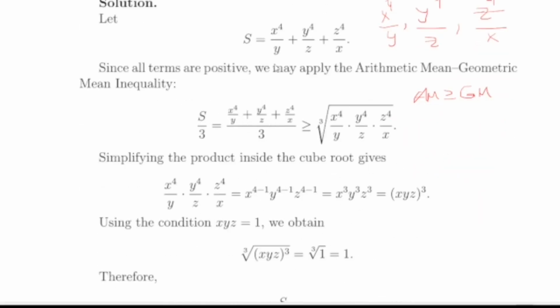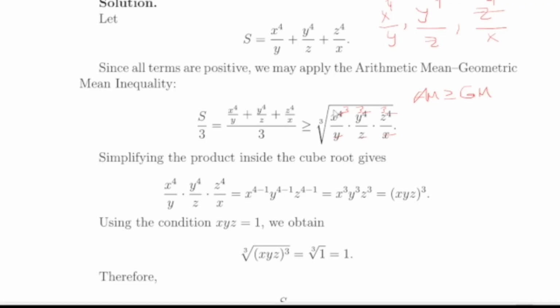And recall that because s is equal to the sum, when I find the arithmetic mean, I divide by 3. So the arithmetic mean is s over 3. Now to simplify the cube root, we're going to multiply the inside. Notice that x to the fourth over x becomes x cubed, y to the fourth over y becomes y cubed, and z to the fourth over z becomes z cubed.